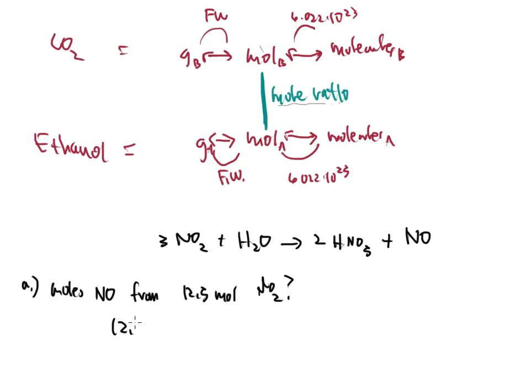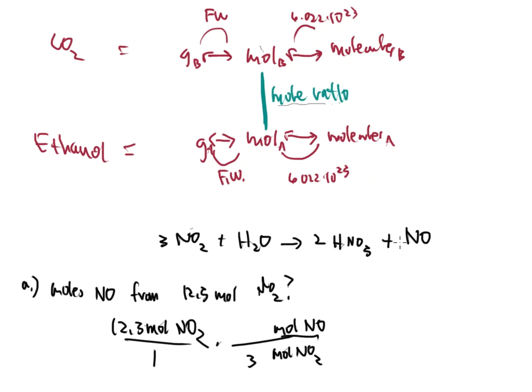So 12.3 moles of NO2 over 1. Mole of NO2 on top, mole of NO2 on the bottom, and I need to go to mole of NO. And I can do that as long as I have a balanced equation. So NO2, I find it. There it is in the equation. First one again. There's a big 3 out in front, so a big 3 goes there. Mole of NO, I need to find just NO this time. That's the last one here on the end.